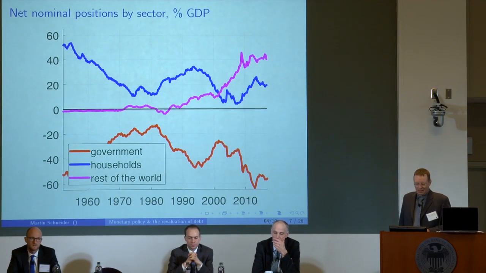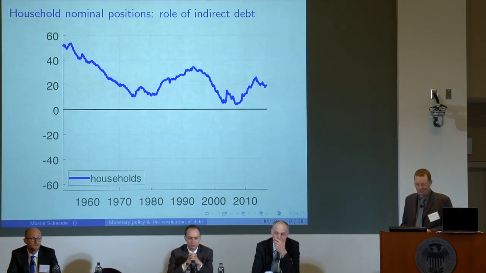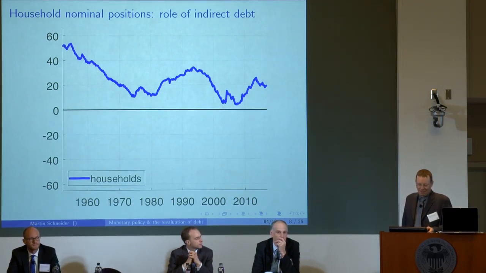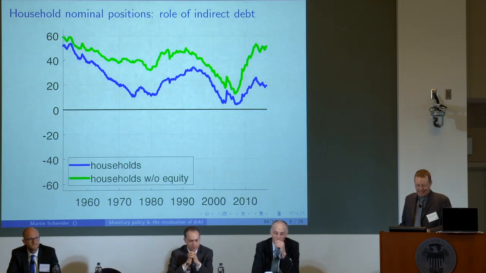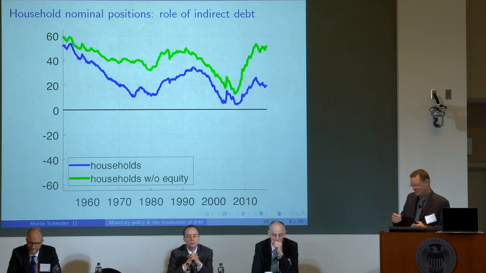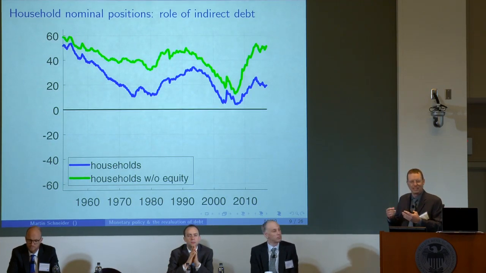Okay, so let me make two more comments on this household net nominal position, this blue line. The first is about the role of indirect debt. So when I leave out from this the indirect debt that households have through their ownership of businesses, I get this green line. So that is just direct bond holdings plus holdings through mutual funds and pension funds.